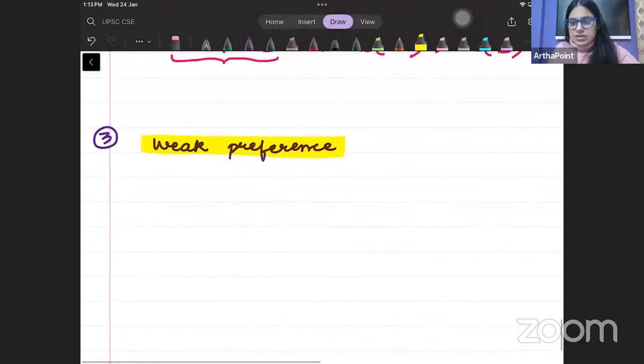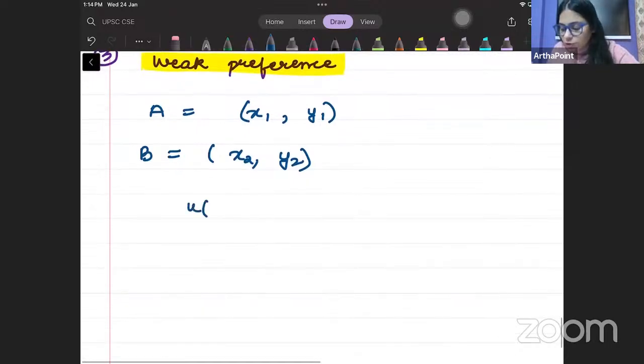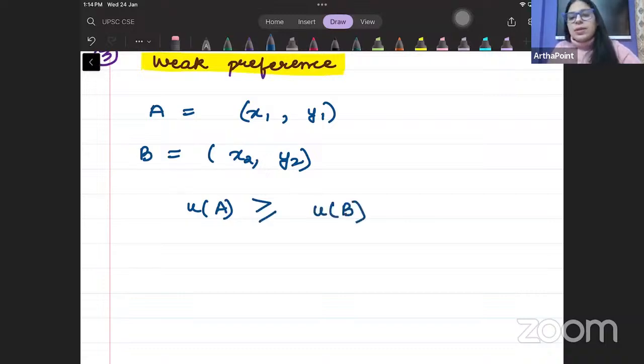Weak preference basically is the case when I give you 2 bundles, A and B. जैसे मैंने आपको एक bundle दे दिया A, and I tell you the second bundle is B. If the utility of A is either greater than or equal to the utility from B, मतलब या तो वो B से ज्यादा होगी या B के बराबर. I cannot say clearly what it is. Either it will be greater than B or it will be equal to B. Both these are possibilities. Then I will say that it is weak preference relation.